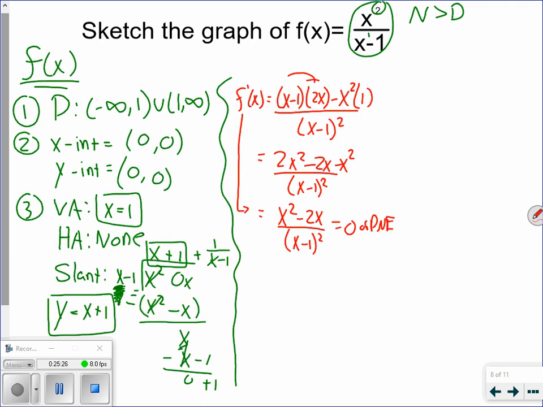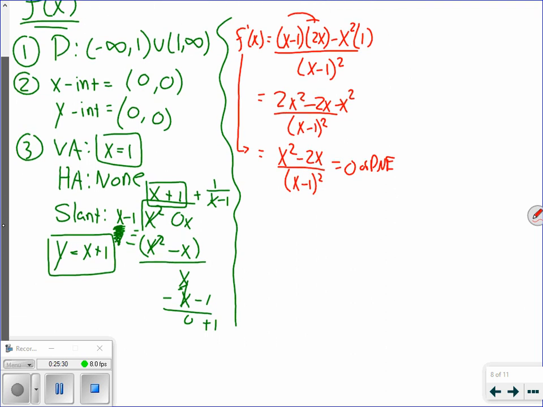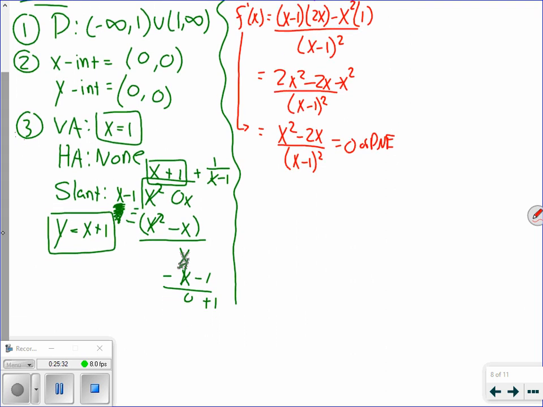So for my critical points, I'm going to set the top equal to 0. I'm going to factor that as x minus 2 times x, and set that equal to 0. And I'm going to set x minus 1 squared equal to 0.